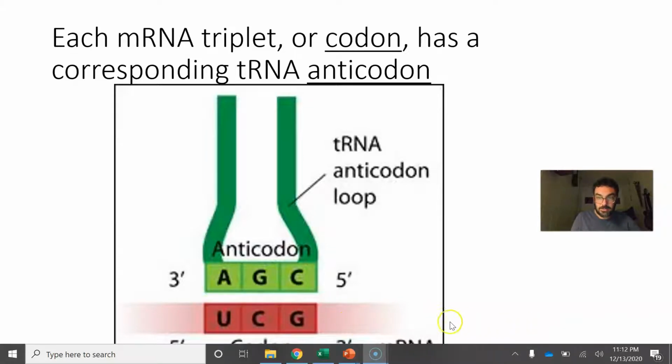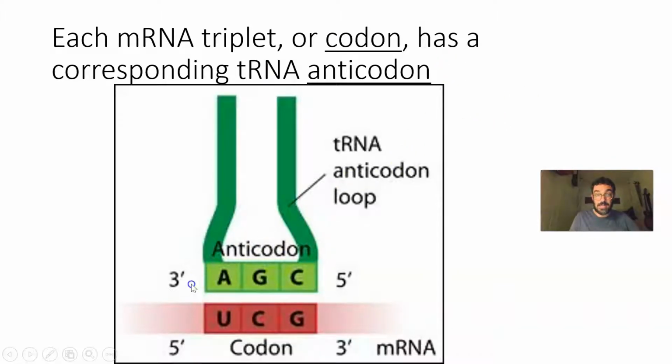So again, this red stuff, this is the mRNA getting fed through the ribosome. This is the sequence, the anticodon, that just was floating in from that tRNA. So our tRNA has the anticodon, the mRNA has the codon. And if there's a match, then the amino acid up at the top of this guy gets attached.